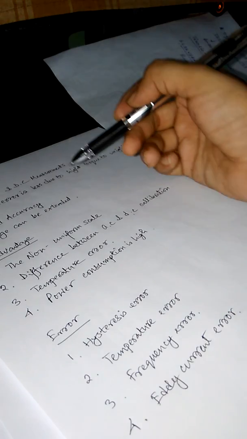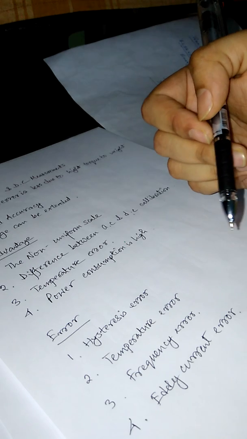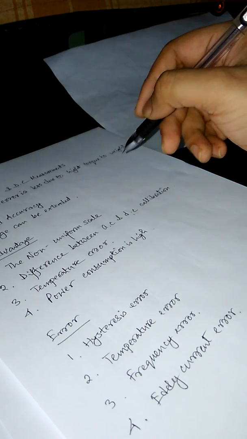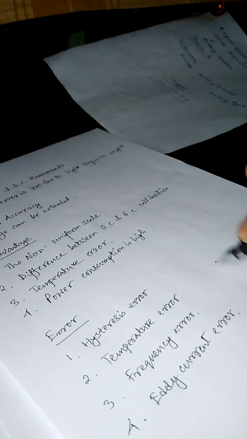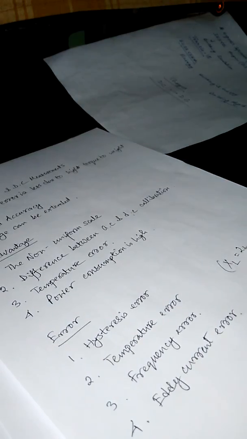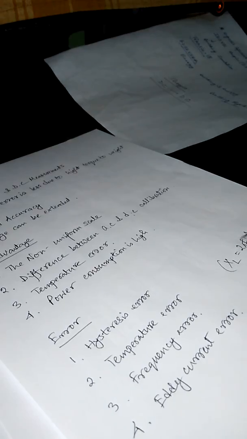Another error is called temperature error, which we already considered as a disadvantage. Then frequency error, because if the frequency changes in an AC system, we know that XL equals 2 pi FL. That means if the frequency is changed, the total reactance is going to change. So this is going to hamper the accuracy.